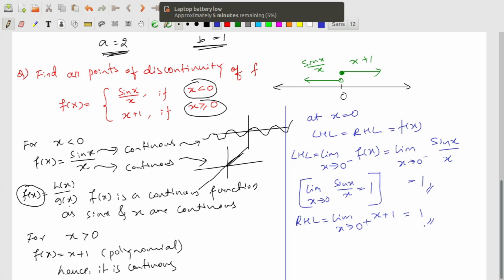LHL is equal to RHL, hence the function is continuous at x is equal to 0, right? So now the function is continuous for less than 0, greater than 0, even at x is equal to 0, and it is a continuous function and there is no point of discontinuity.